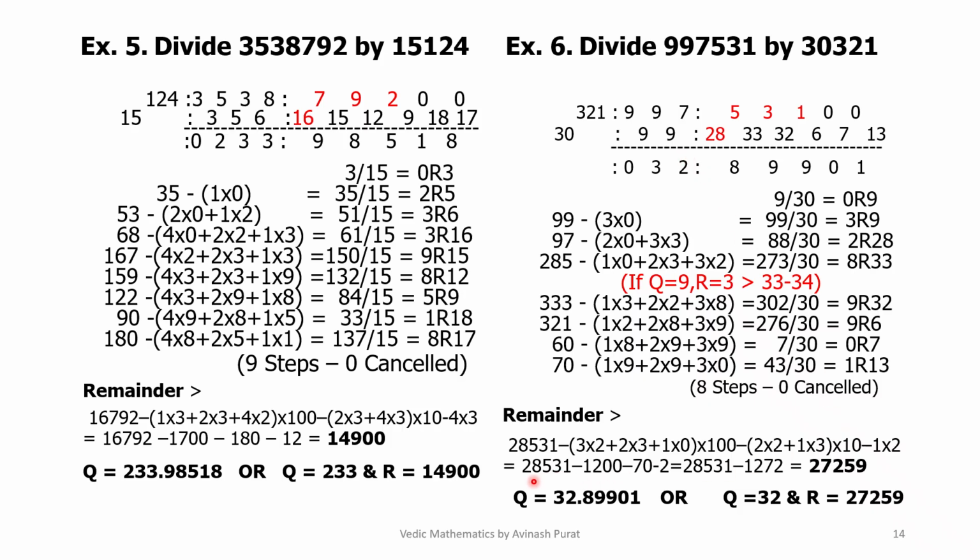So 28531 minus 1200 minus 70 minus 2, that is 28531 minus 1272, that is 27259. So the quotient is 32.89901, or the quotient is 32 and the remainder is 27259.